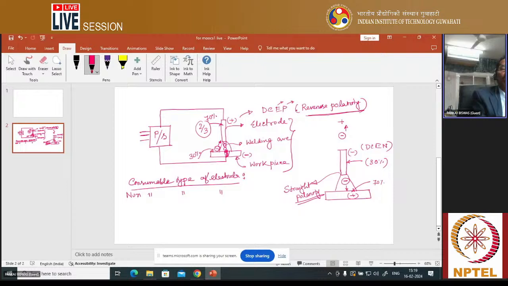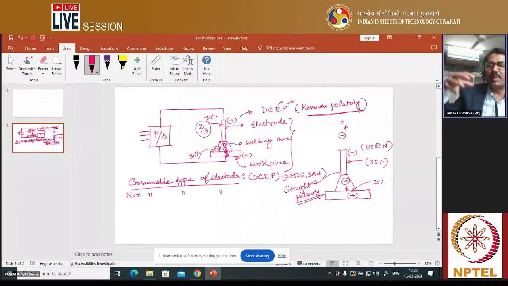That's why for consumable types of electrode, reverse polarity is preferable. That means DCEP polarity is more preferable. You should keep this in mind. Consumable electrodes are generally used in the MIG welding process and submerged arc welding process. These are the different types of welding process where you generally use a consumable electrode.